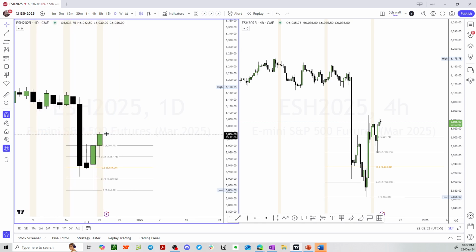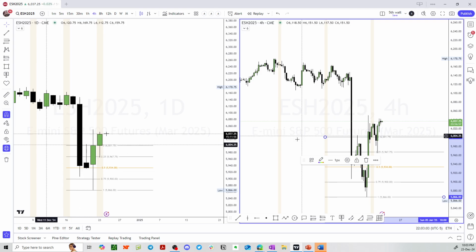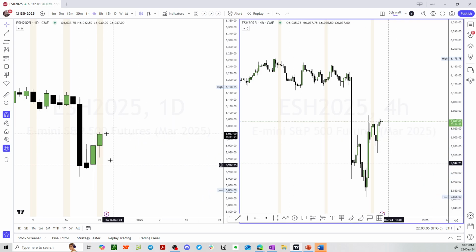And let's say we didn't use that 4 hour chart. Let's say we didn't use these weekly PD arrays, as I just outlined.